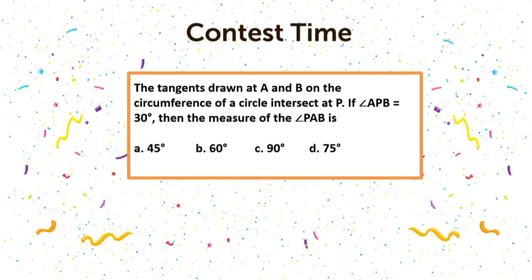Please go through the question and answer the problem correctly. The question is, the tangents drawn at A and B on the circumference of a circle intersect at P. If angle APB is 30 degrees, then what is the measure of the angle PAB?